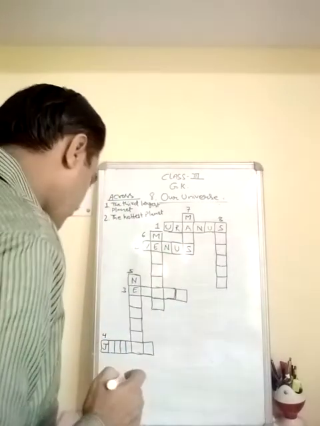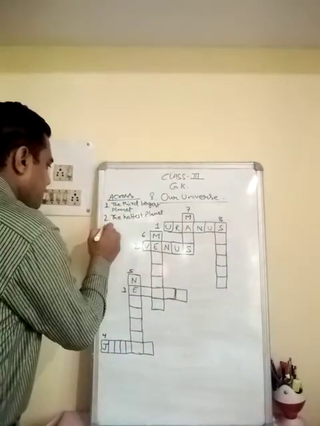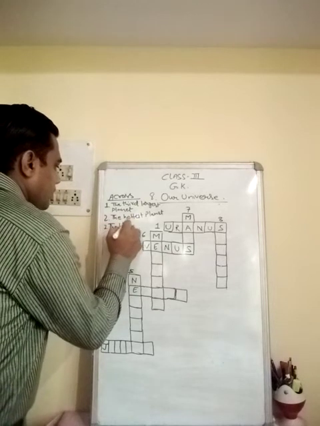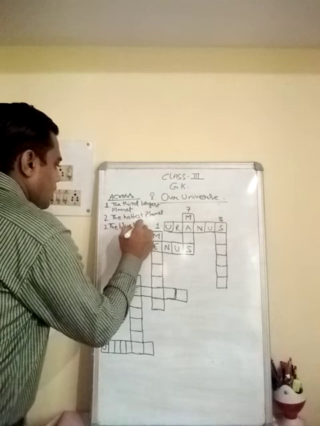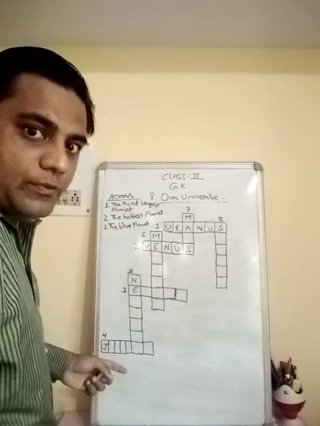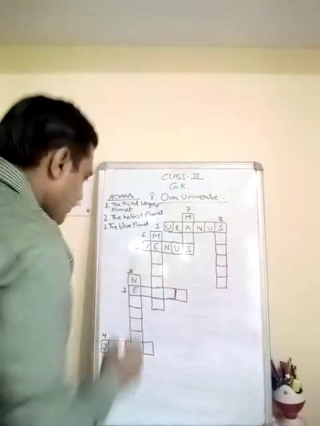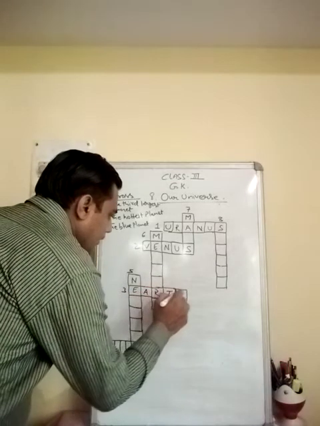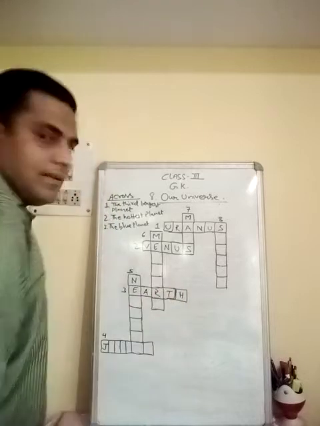Then you have number 3, the blue planet. Number 3 is here, starts with an E. You already know the answer. Earth.